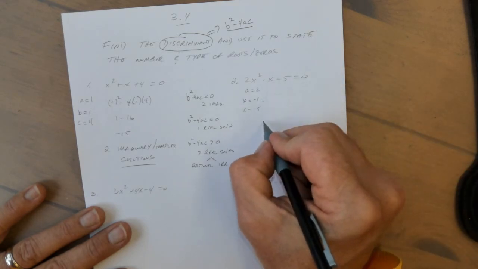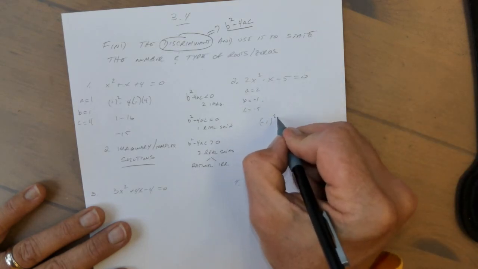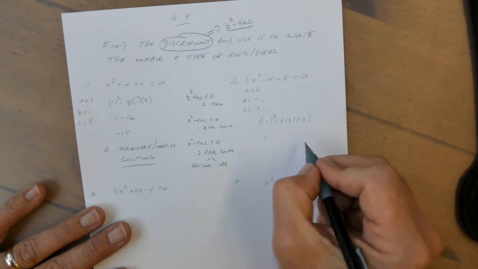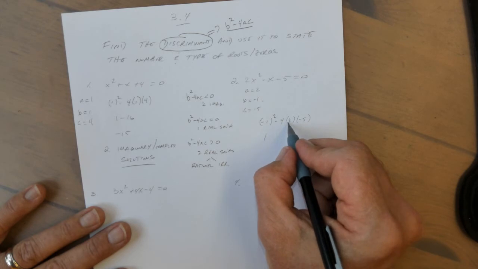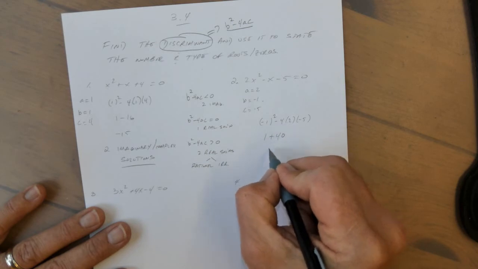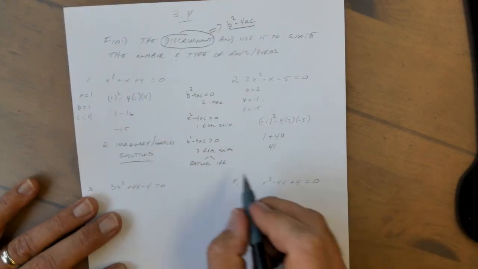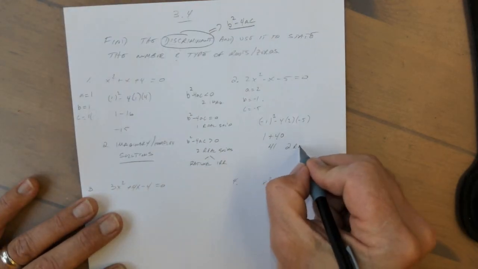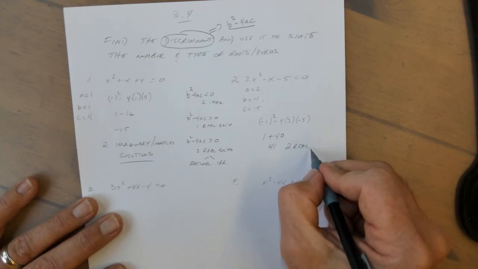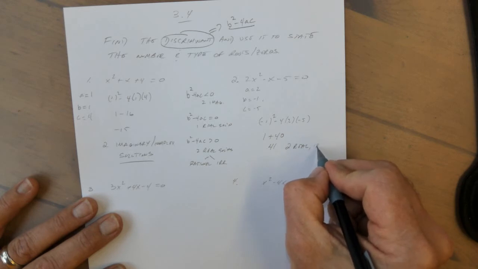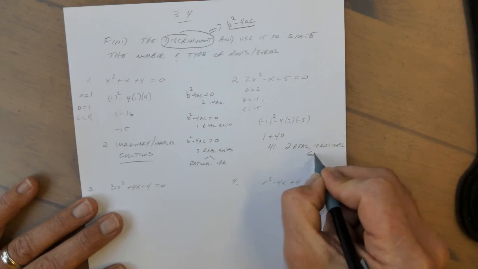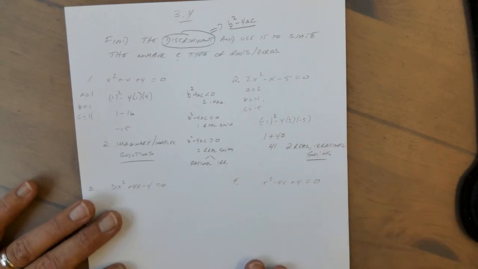So again, b squared, so that's negative 1 squared minus 4 times 2 times negative 5. So that'll be 1. 4 times 2 is 8, times 5 is 40, minus a minus becomes plus, so 41. Okay, so we know there are 2 real, and because 41 is not a perfect square, then they are 2 real and irrational solutions.